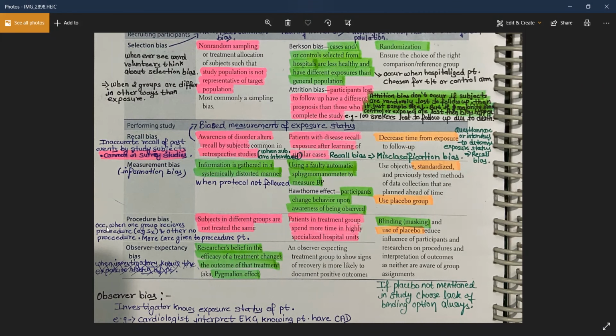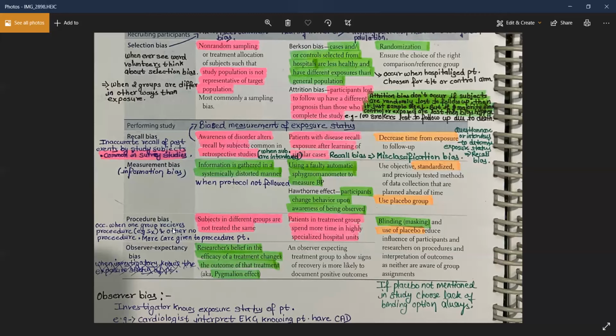Okay, this bias actually happens when the group receiving the treatment is given a special treatment other than the actual drug. Let us suppose you want to study a certain drug for pain relief. You have selected 2 groups, group A who were receiving the drug and group B who were not receiving the drug. The individuals in group A who were receiving the drug were given a special therapy like physiotherapy and massages, and their pain is reduced very much.